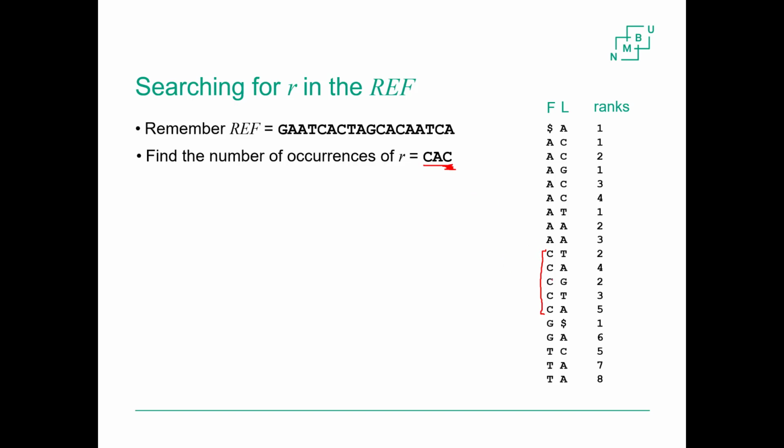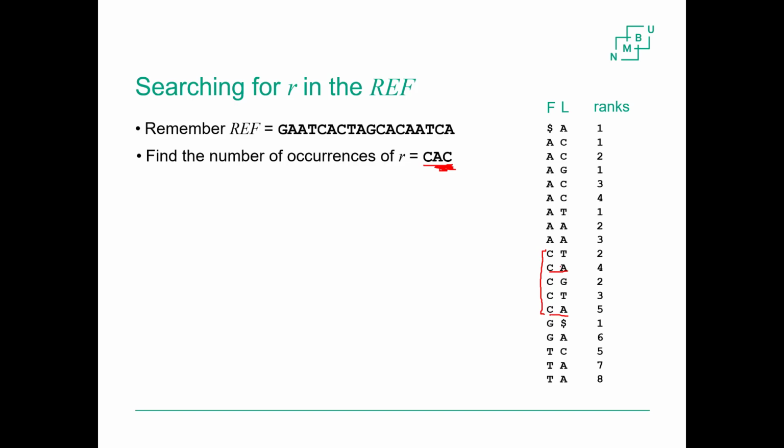And then we look at the preceding symbol, right? We see that now we look at the suffix of length 2, and we see that this one is preceded by an A. Okay, where do we see a C preceded by an A? Well, we see it here and here.